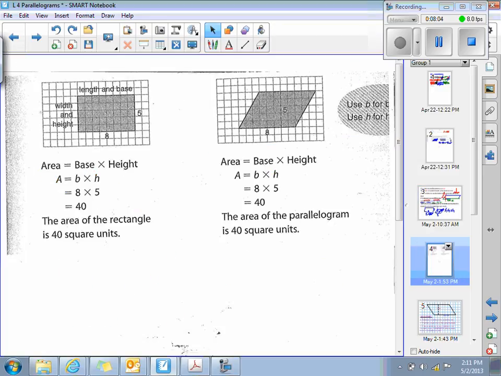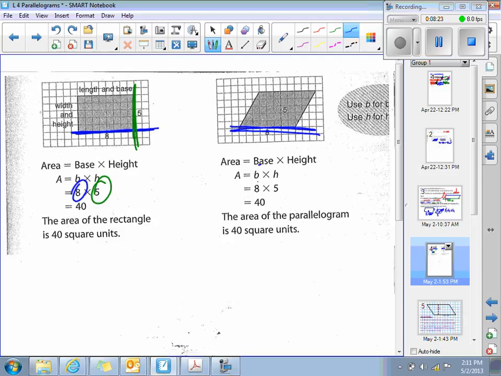And here's a perfect example of this, where you see my rectangle with a length of 8 and a width of 5. I have a parallelogram whose base is 8 and whose height is 5. Both, again, will be 40 square units.